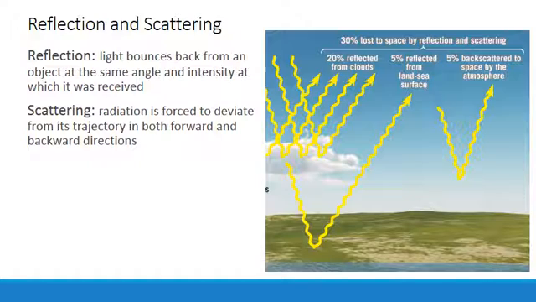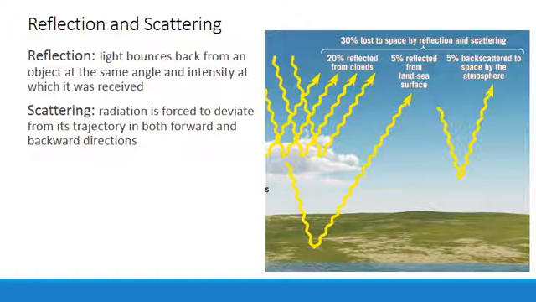Reflection is the process whereby light bounces back from an object at the same angle and intensity at which it was received. By contrast, scattering is a general process in which radiation is forced to deviate from its straight trajectory.